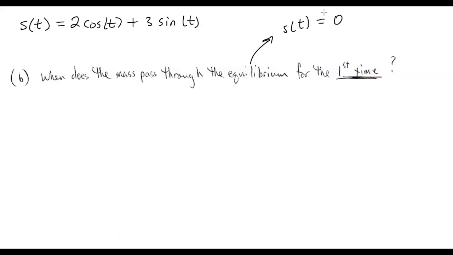And also notice here that values of t are assumed to be greater than or equal to 0. So we essentially just need to set this function here equal to 0 and then solve. So we will go ahead and do that. So s of t equaling 0 means that 2 cosine of t plus 3 sine of t is equal to 0.